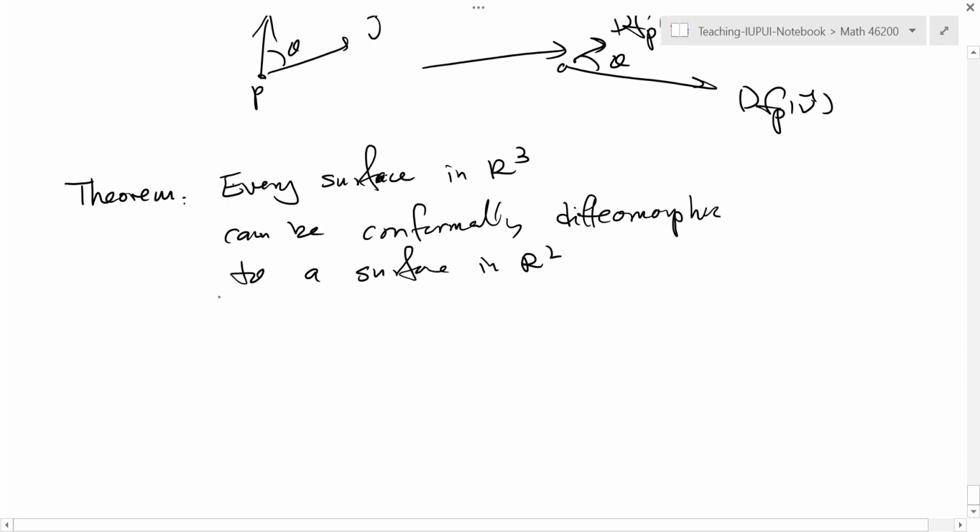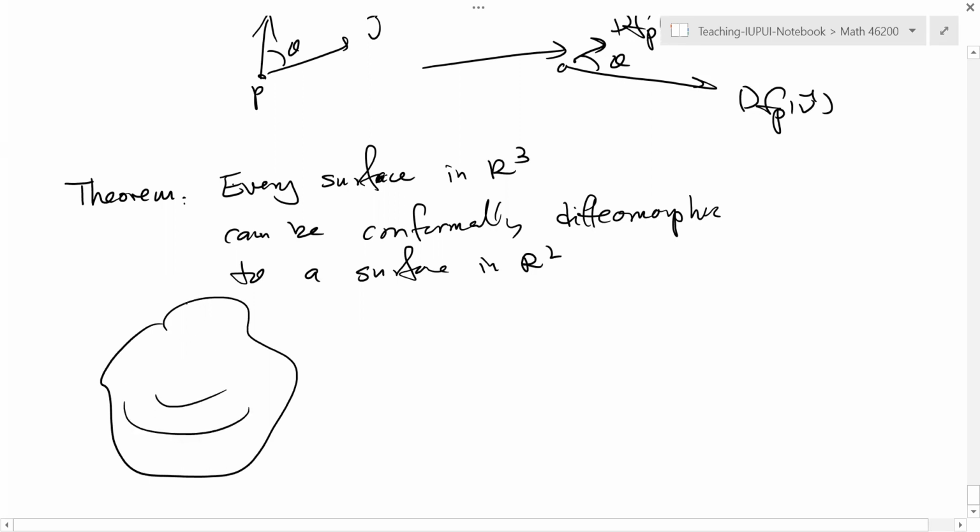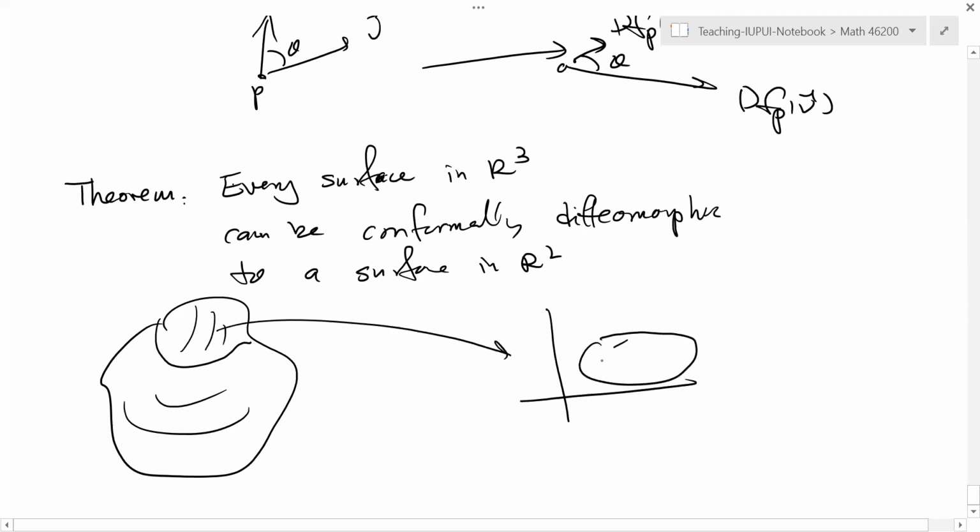What does that mean? You have a surface here, and a local piece can always be sent to the plane, but it does not preserve the distance between two points. There's a standard way to construct such a map, and it preserves the angle.